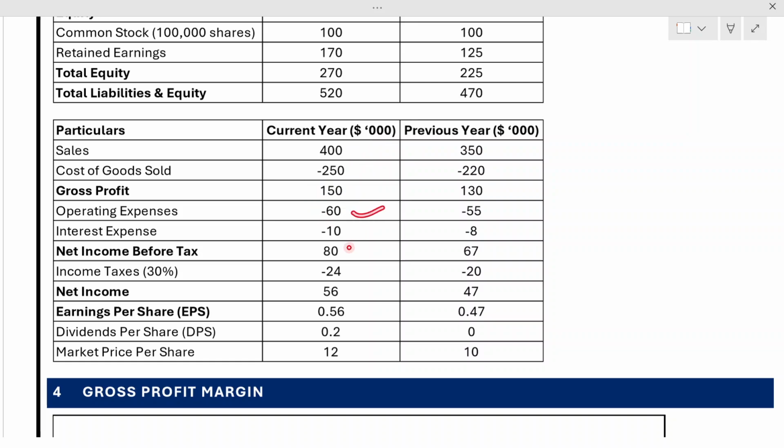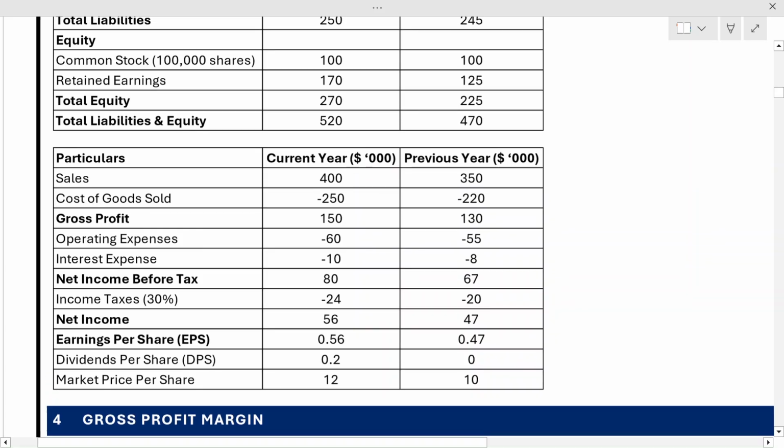Operating expenses was 60, interest expense was 10, that gives us the net profit before tax of 80. Now we have taxes of 30%, which is $24, and finally it gives us the net income of $56,000. This is in thousands.